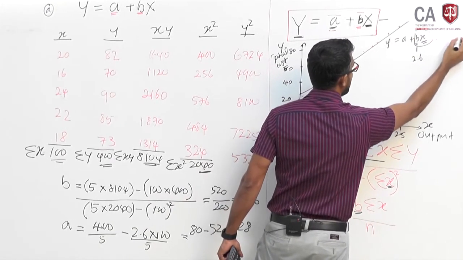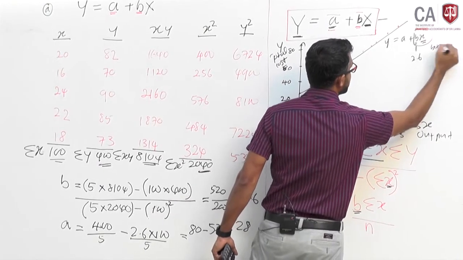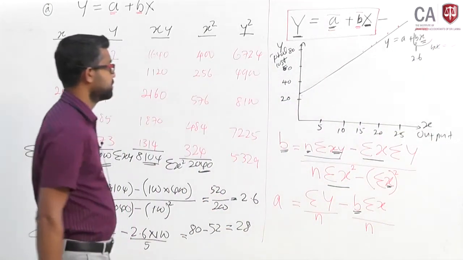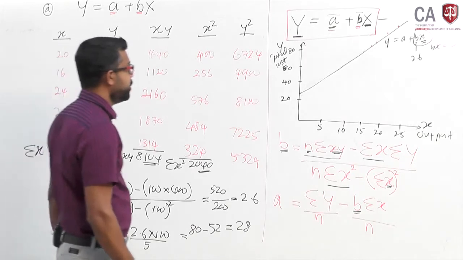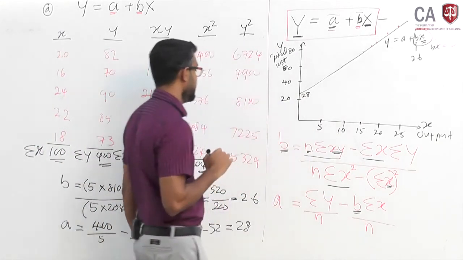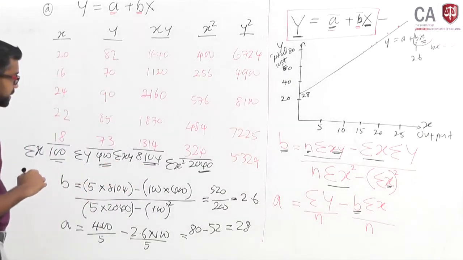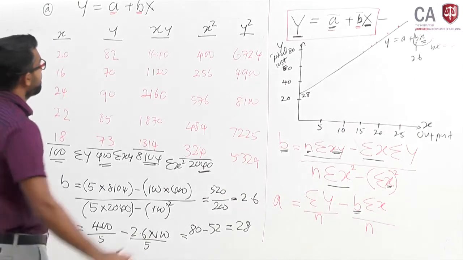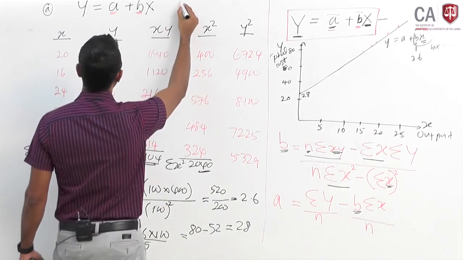When x is 0, bx is also 0. Right? Then what is a? 28. Right? A is 28. Now you can figure out the equation, right?